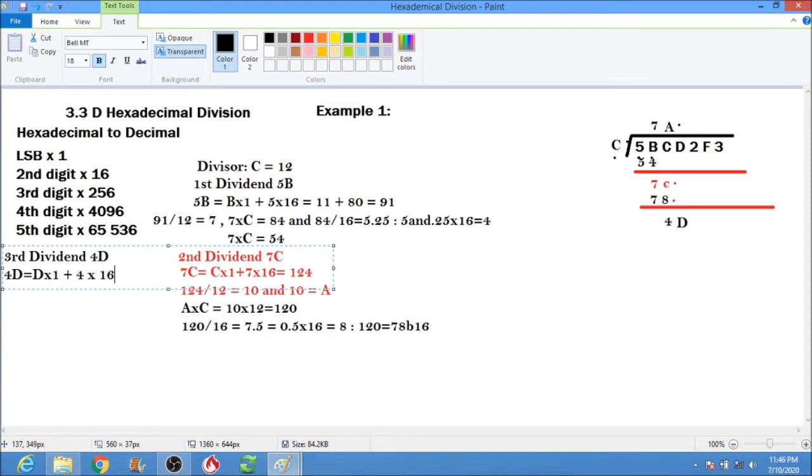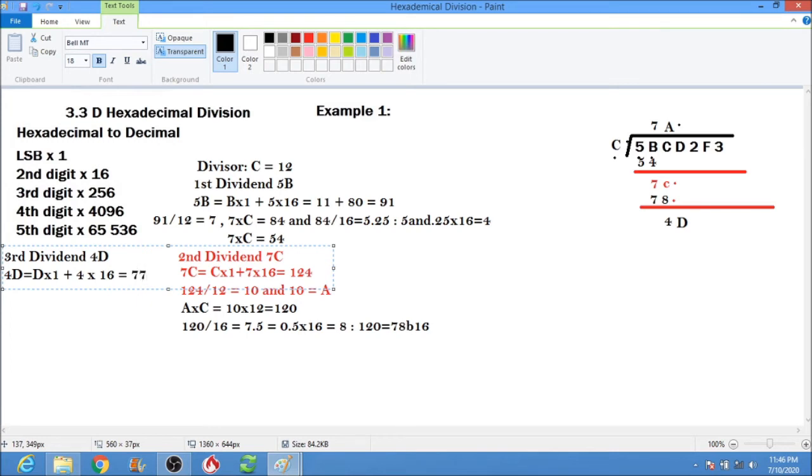The least significant digit is D, and D is 13. So 13 plus 4 times 16, and that will be 77.